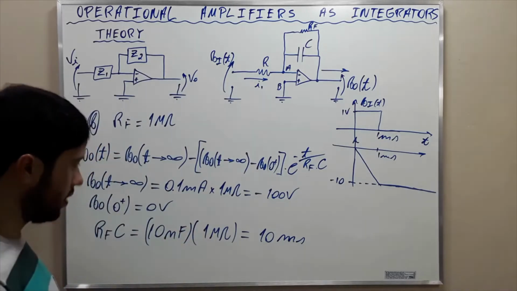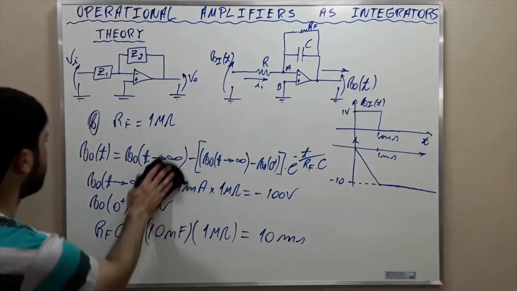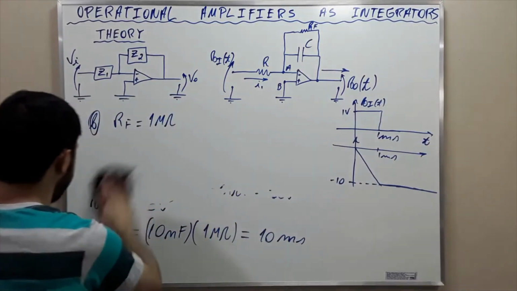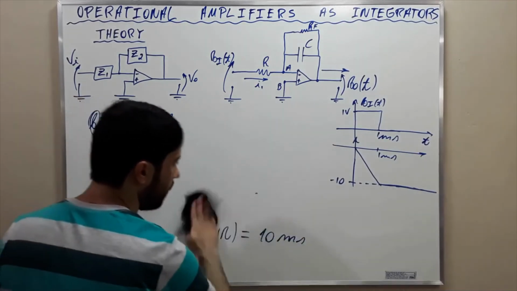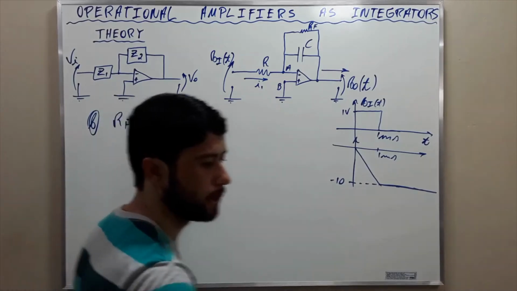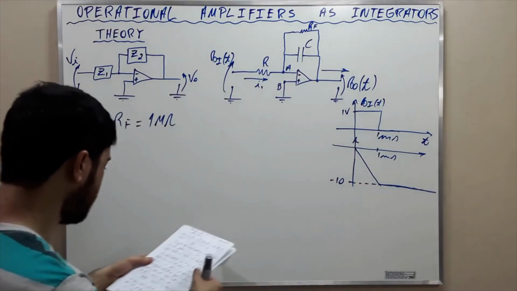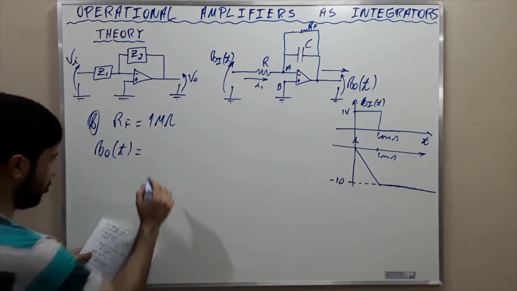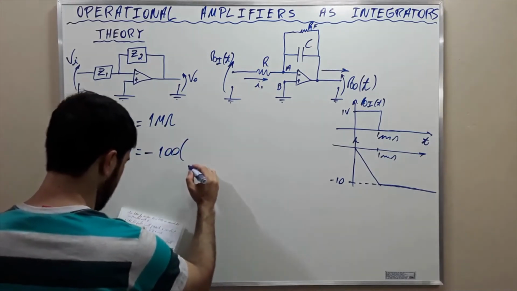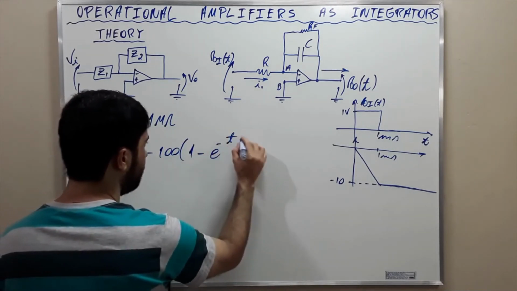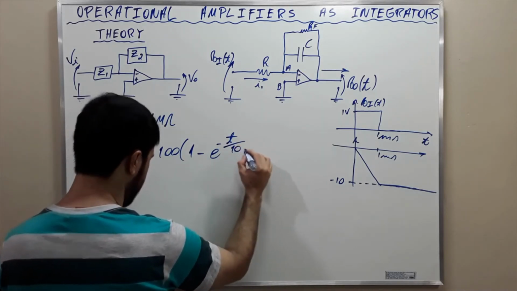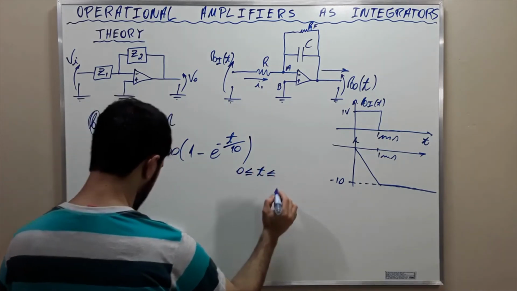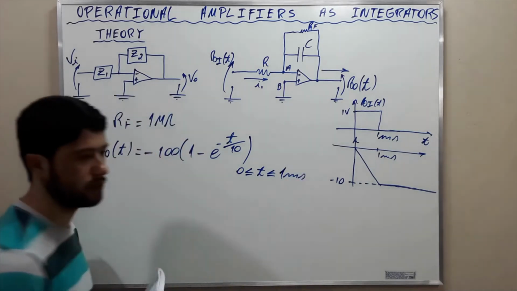I'm going to erase it here to show you the final solution. The final solution will be V0 of t equal to negative 100 times 1 minus e to the power of minus t divided by 10, from 0 to 1 milliseconds.